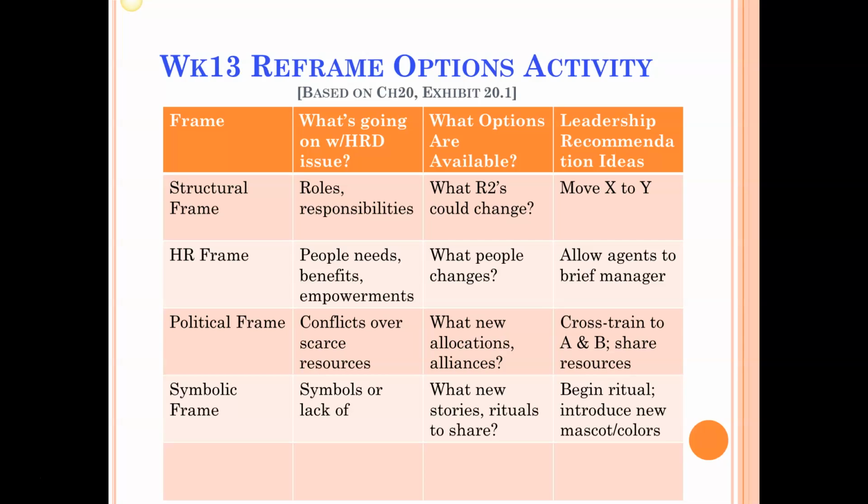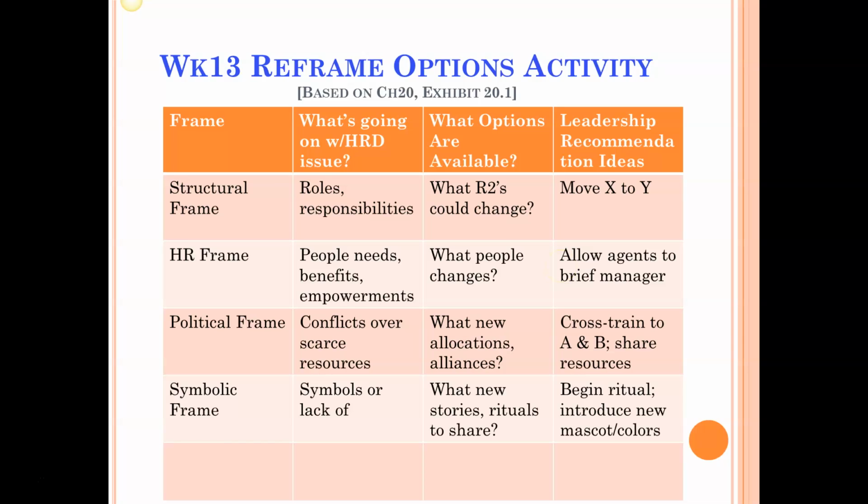Maybe this is a lion for something, and this is going to be our new mascot in our new colors, and we're going to make it real splashy to roll it out. So everyone's going to know, everyone's going to participate in our new symbolic frame and ritual. That's what we're going to do. That's our new leadership recommendation.